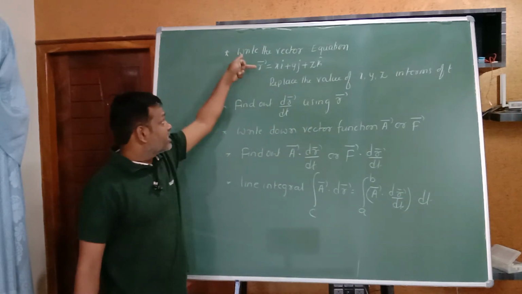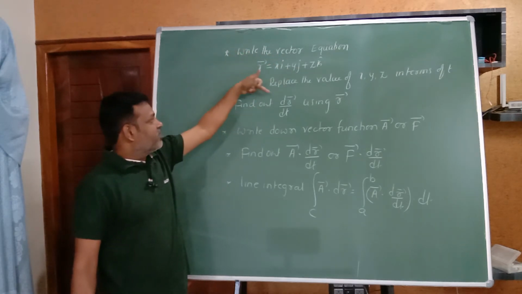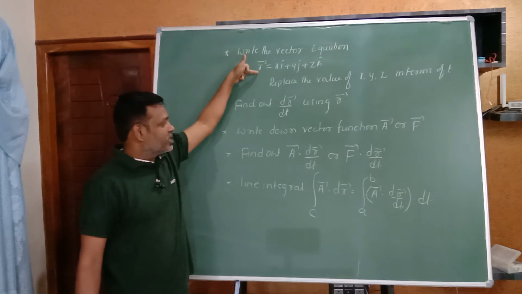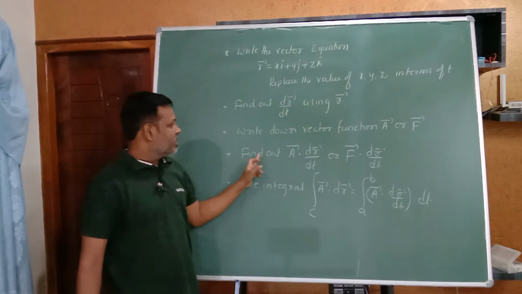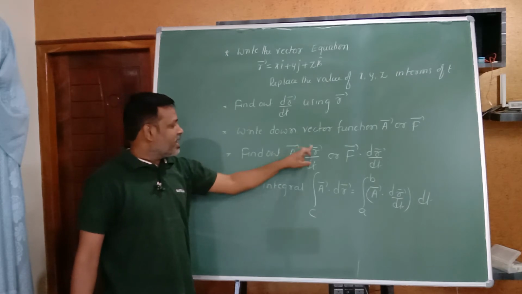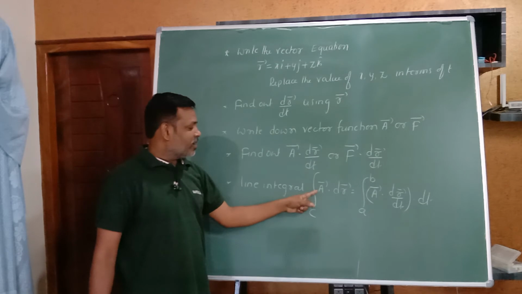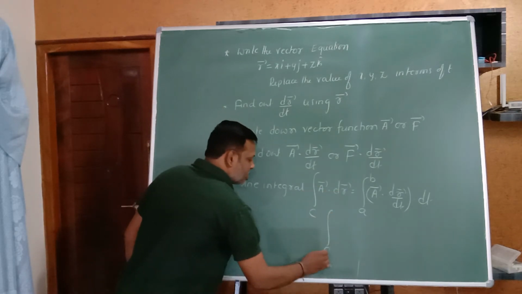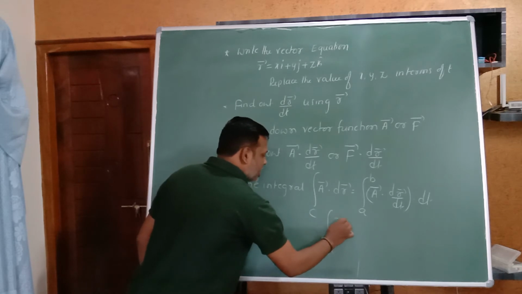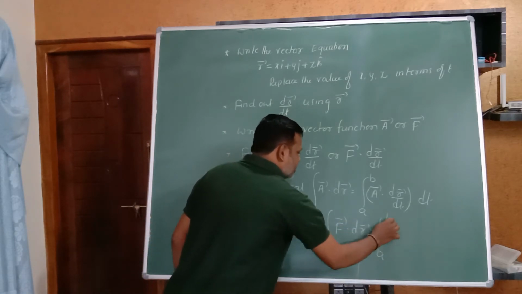So first understand r vector, replace x, y, z in terms of t, then find dr by dt using r vector, write down the vector function A or F, then find the dot product of A and dr by dt, or F and dr by dt, then consider the line integral formula A dot dr, or you can use this one also, integral over C of F dot dr. Integral from a to b, it is very simple.